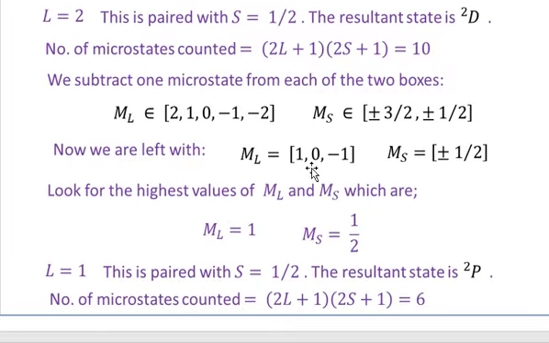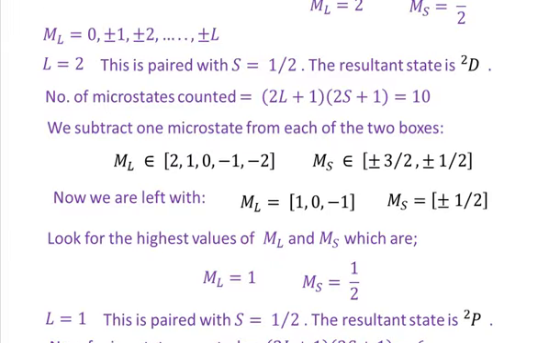Now from the value of this, that is 1, 0, minus 1, the maximum value of ML is equal to 1, and from this table the maximum value of MS is equal to plus half. So it means that when ML is equal to plus 1, then of course the value of ML will be equal to plus L. So ML is equal to plus 1, and this will be compared with S is equal to half, because half is derived from MS is equal to half.